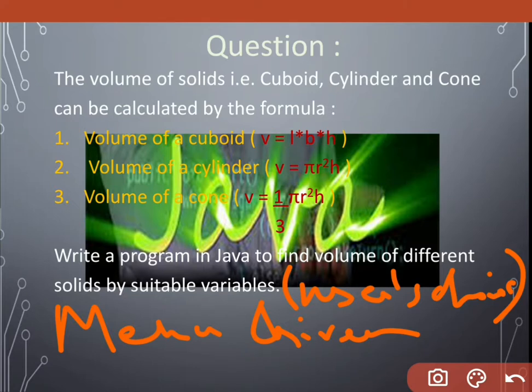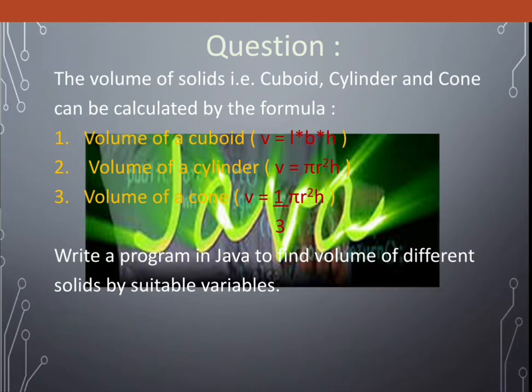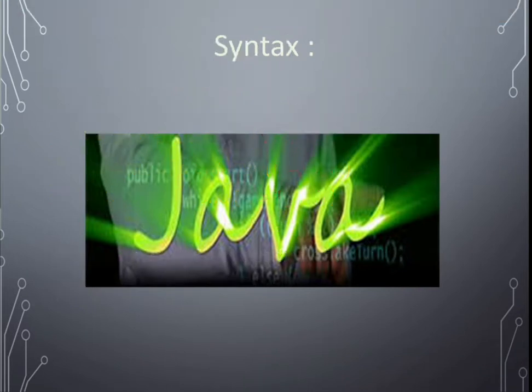Sometimes we say that in the first menu you have to write volume, then volume of cuboid, second is cylinder, and third one is cone. Or we can say create it with the switch case. Anything can come in front of you and you have to create it with switch case. The question can change anything here.